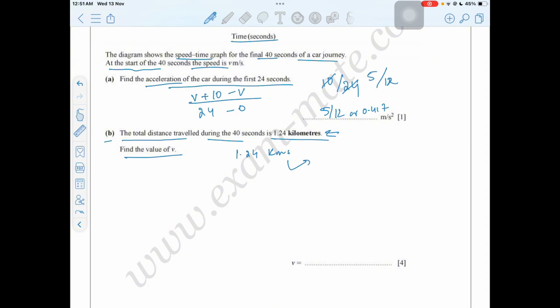First of all, we need to convert this into meters, and as we all know, 1 kilometer is equal to 1000 meters. So 1.24 kilometers would be 1.24 multiplied by 1000. So this would be 1240. All right. So this is the total distance traveled, right?